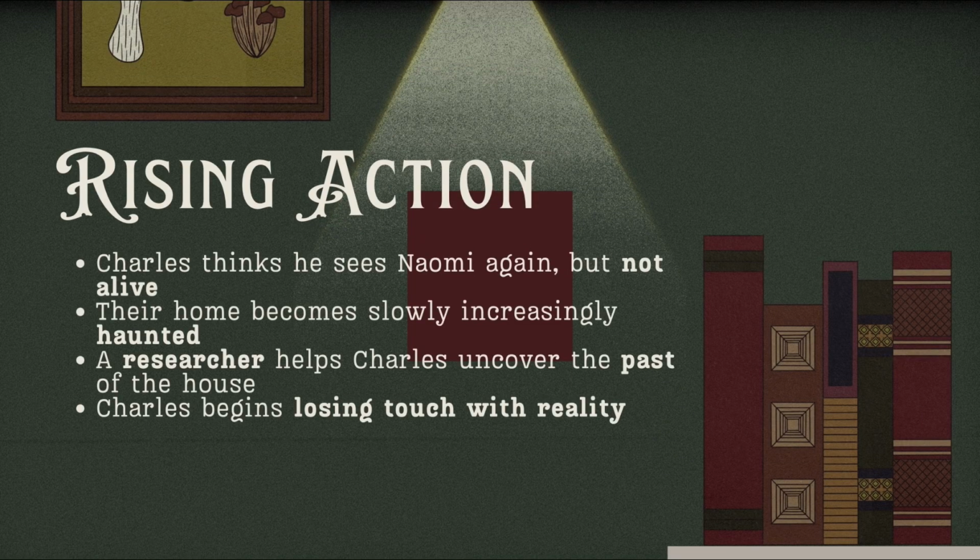Okay, so after Naomi's death, Charles and Laura try to keep living in their house. They try to keep searching for Naomi and everything. But things just start happening mostly around Naomi's room. They hear a little girl laughing and singing when the house should be completely quiet.